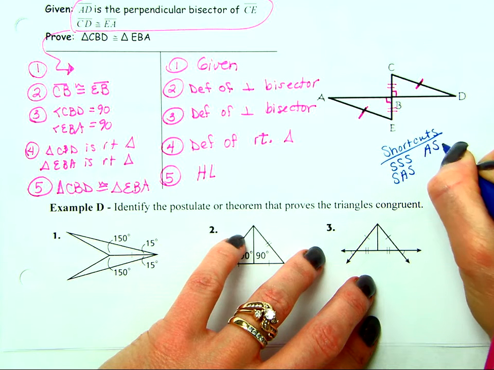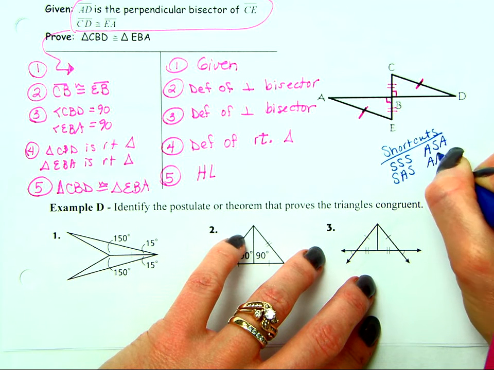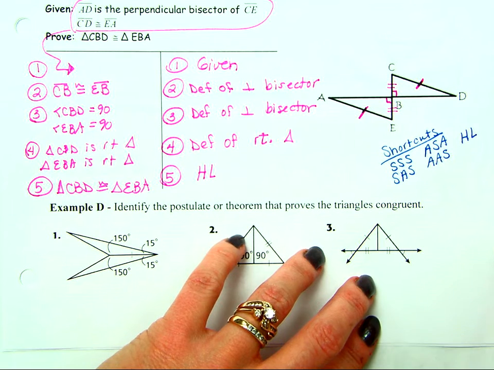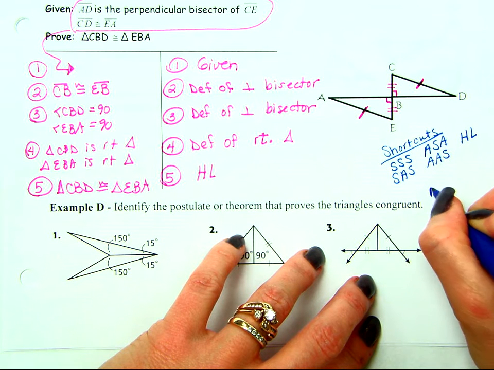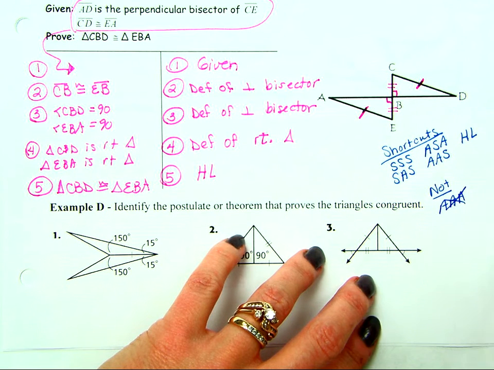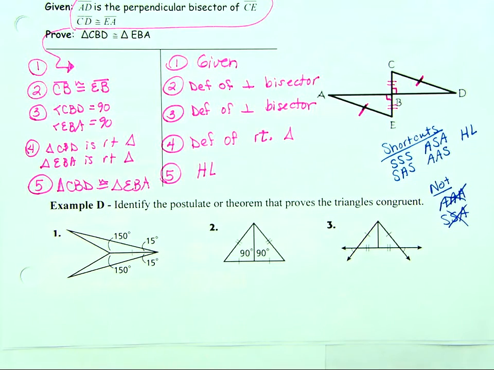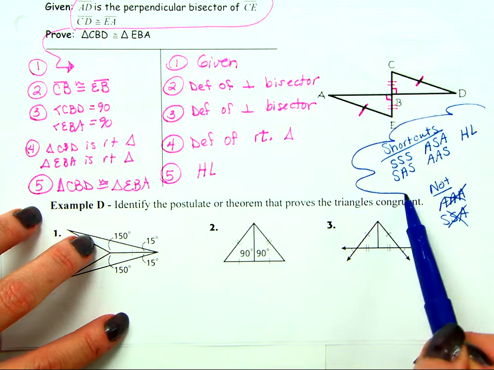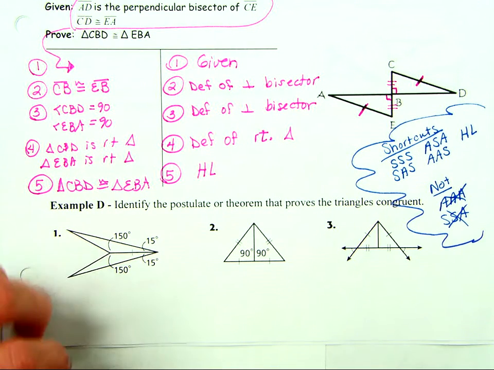Today, we talked about ASA, AAS, or hypotenuse leg. Ones that will not work as shortcuts were the angle, angle, angle, or the side, side angle. They do not prove our triangles congruent. So that's just a good summary to keep in mind here.